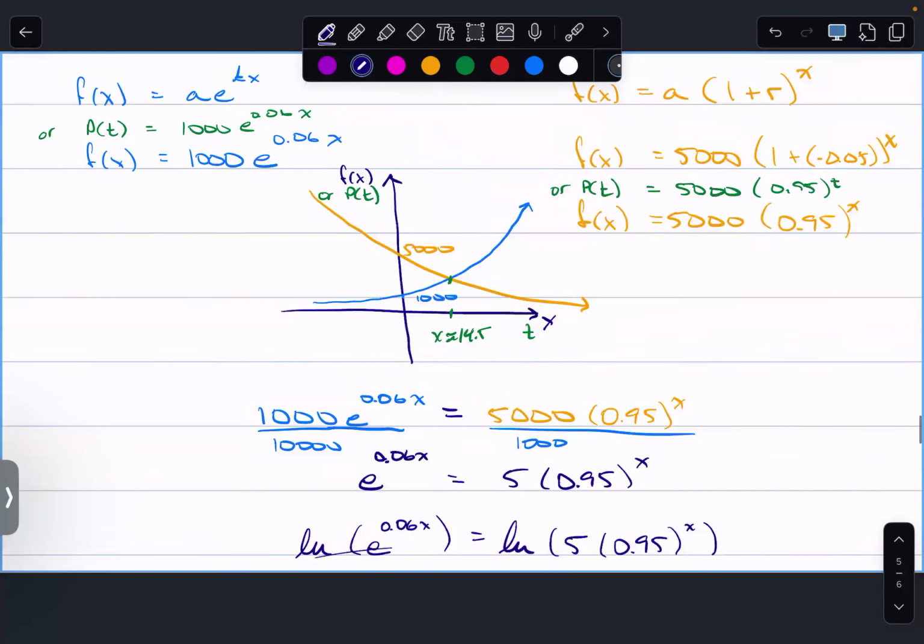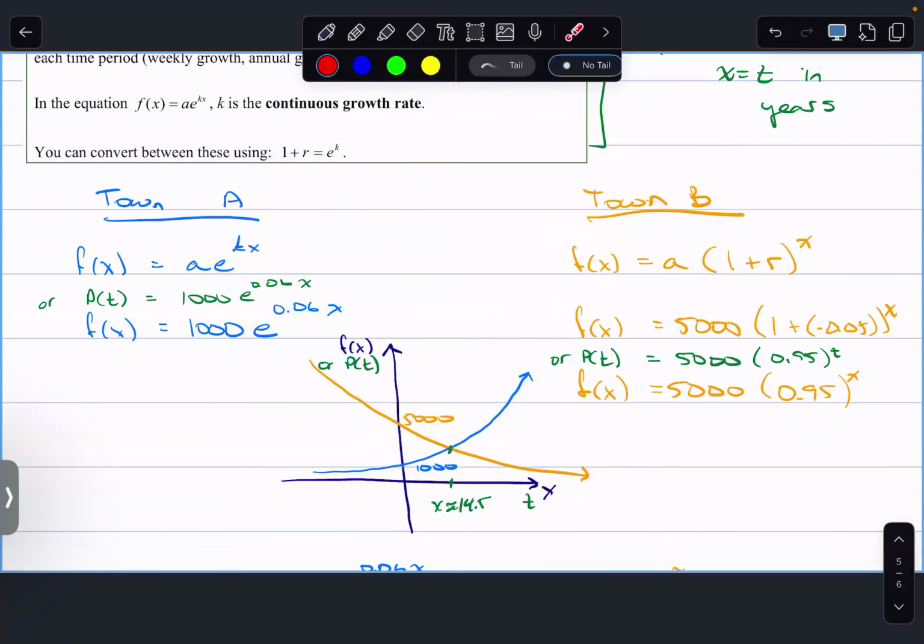If the populations are equal, it doesn't matter which one of these equations I use, right? Because as long as I put in x into either one of these, then I should get the same number, right?